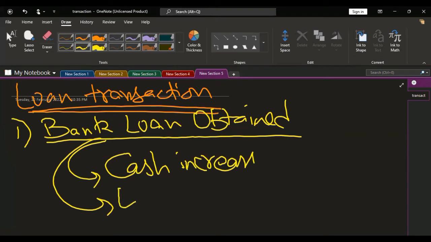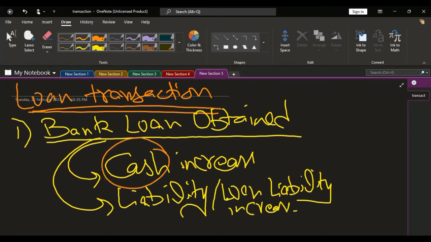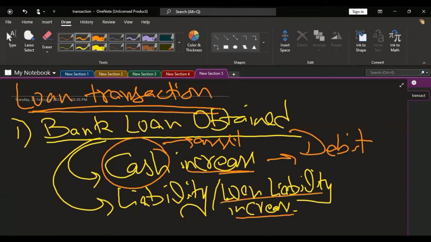So business liability, or loan liability, increases. Cash is an asset, so increase in asset will be debited and increase in liability will be credited.